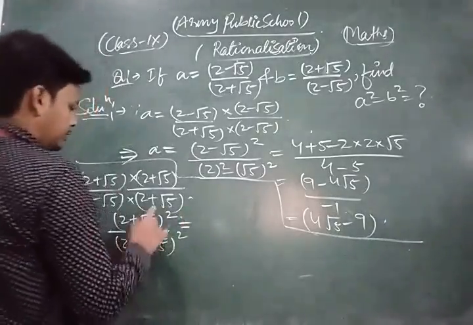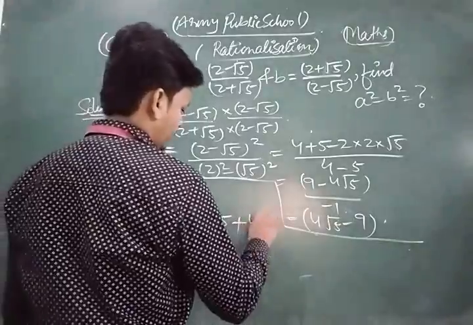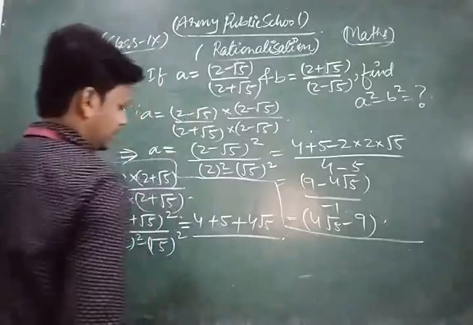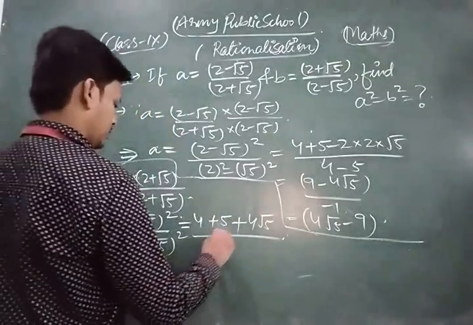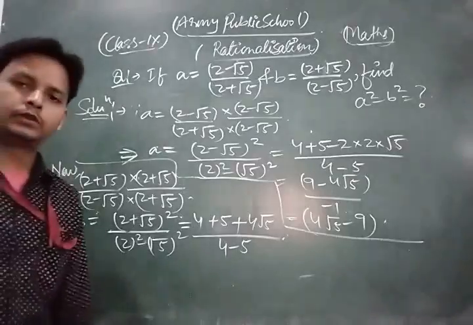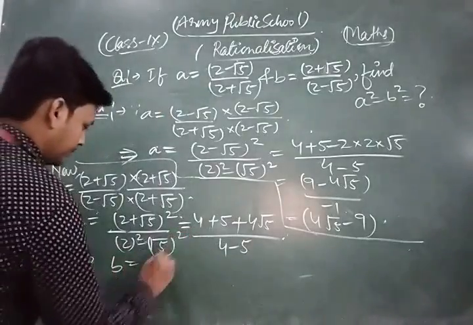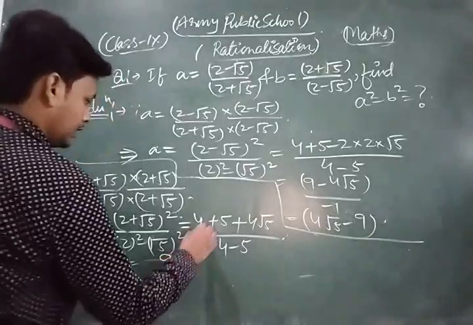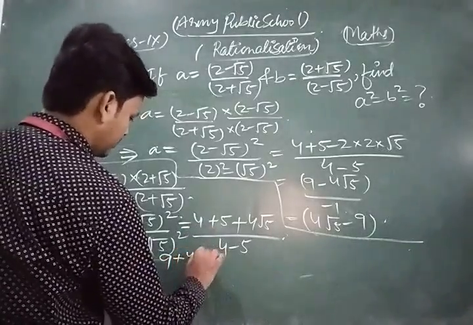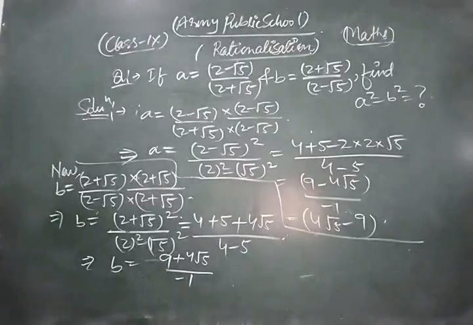So we get a plus b whole square, a square plus b square plus 2ab, 4 under root 5, divided by 2 to the 4 minus 5, 4 minus 5. So we get 9 plus 4 under root 5 divided by minus 1.